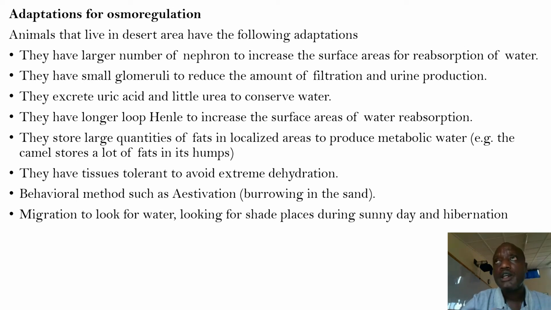Camels store fats in their hump for one reason: whenever the chemical breakdown of fats starts in the hump, it produces metabolic water, which camels and kangaroo rats, those desert animals, need. Again, most desert animals have tissue tolerant to avoid extreme dehydration. This is an adaptation of the camel.